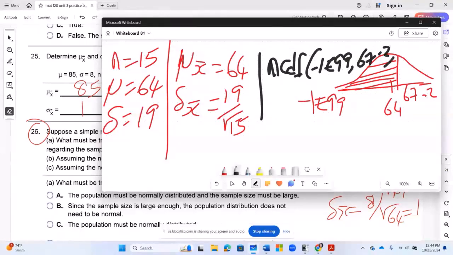The mean from the central limit theorem is 64. And the standard deviation of the central limit theorem, which is the standard error, is 19 over the square root of 15.